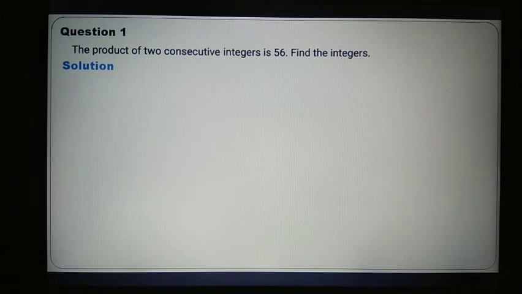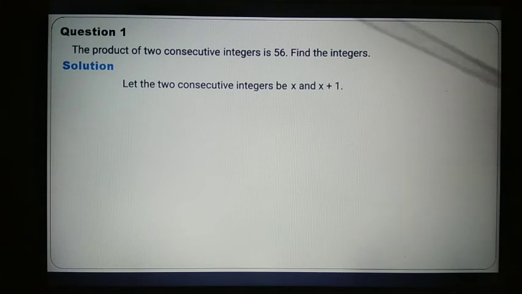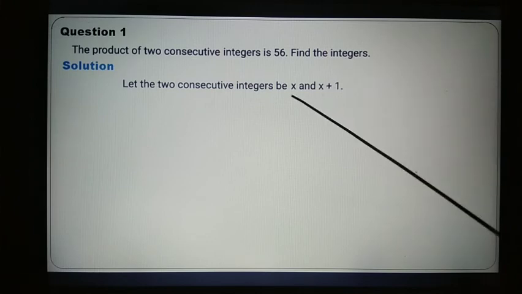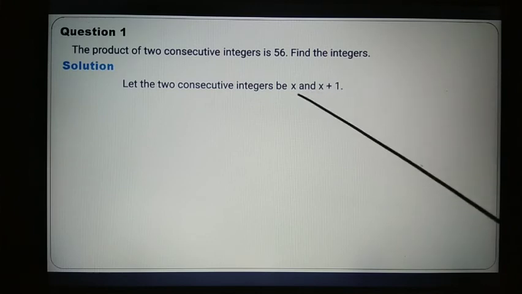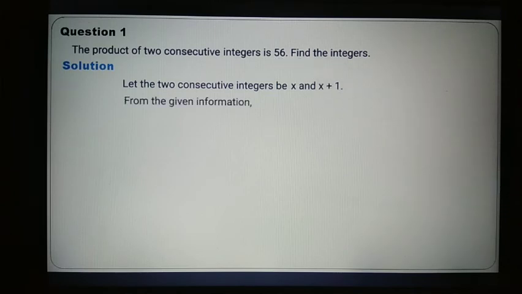So let the two consecutive integers be x and x plus 1. Now the question says the product of x and x plus 1, that is x into x plus 1, has to be equal to 56. So from the given information we can write x into x plus 1 is 56.